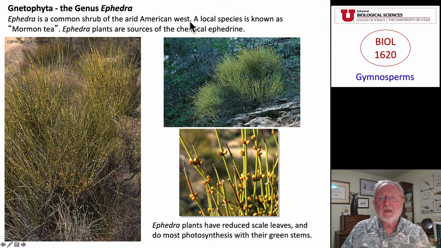Those tend to be the Asian ephedra species and not those found in North America. You can make a tea out of the needles of ephedra, but it doesn't taste very good. They have reduced scale leaves, so they don't look like the needles you would typically find on a pine tree. Instead, they have photosynthetic stems.